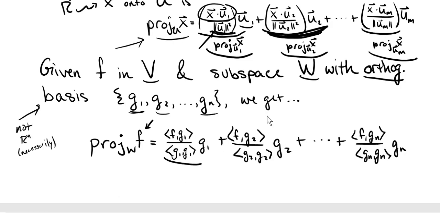You can think of each one of these as the projection of f onto basis vector G1, G2, and so on.